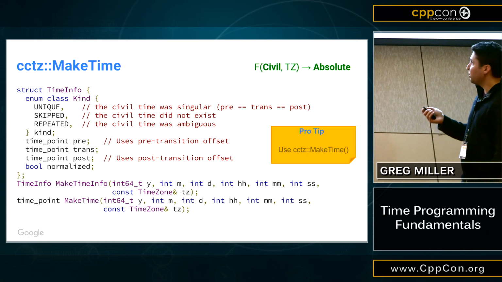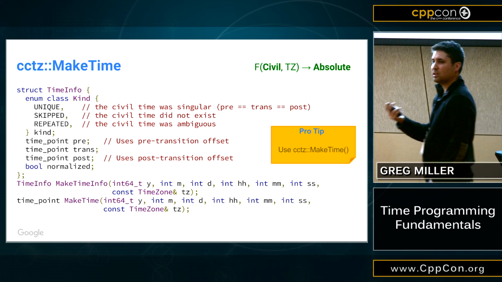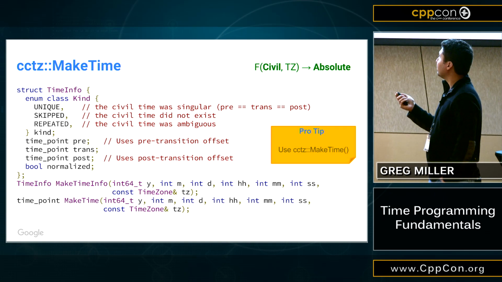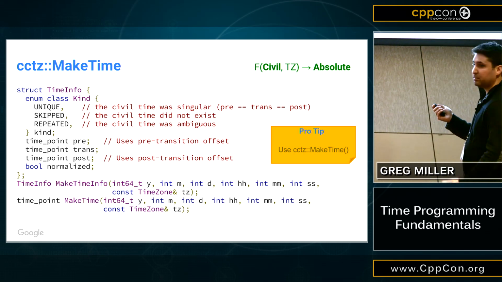Now, if that doesn't work for you, there's this other version called make time info. It takes the exact same arguments, year, month, day, hour, minute, second, and a time zone, and it returns this time info struct. The time info struct tells you everything you need to know about that conversion. It tells you whether the civil time you asked for was unique and existed, or whether it was skipped and didn't exist, or whether it was repeated. Those are the 3 possibilities.